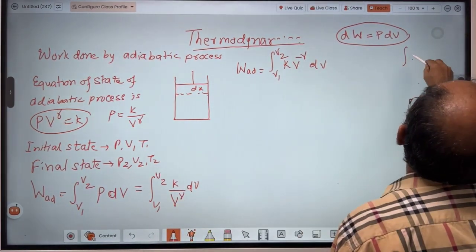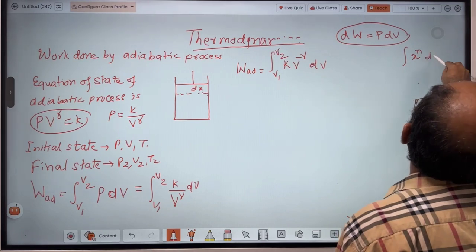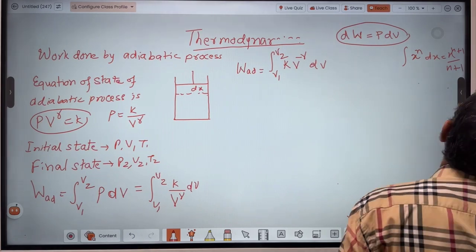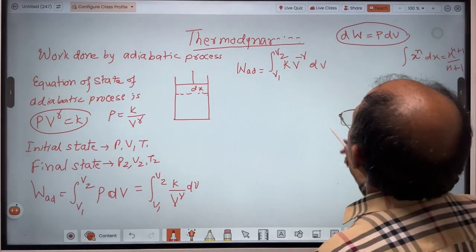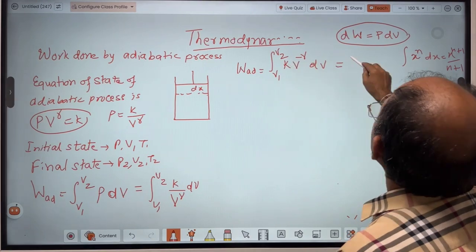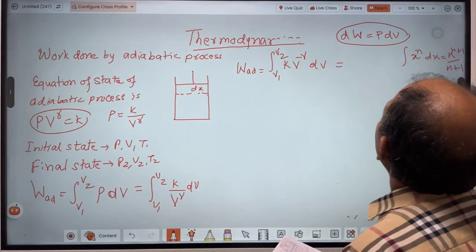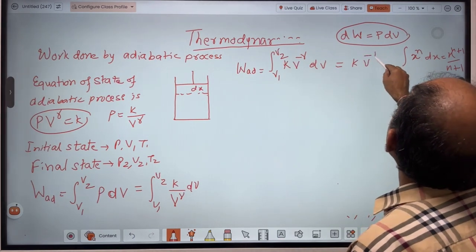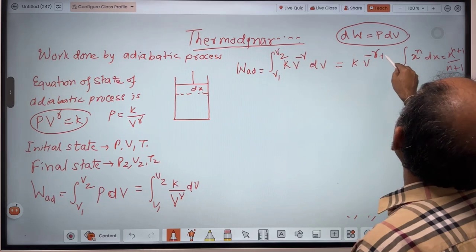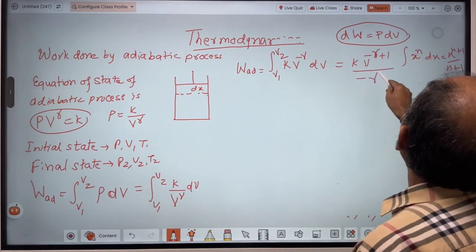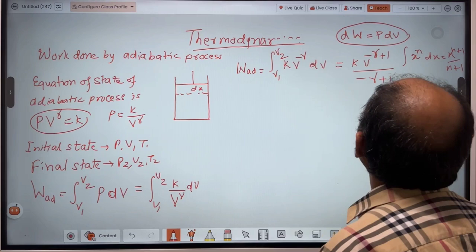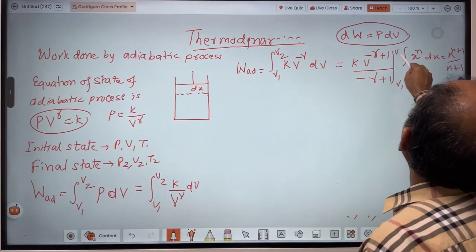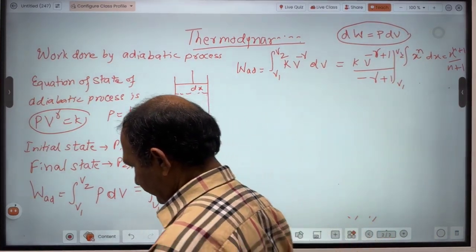And you remember integration x power n dx becomes x power n plus 1 upon n plus 1, provided n does not equal minus 1. So same rule we apply here. It will become K V power minus gamma plus 1 divided by minus gamma plus 1, with limits V1 to V2. Up to here, is there any problem?